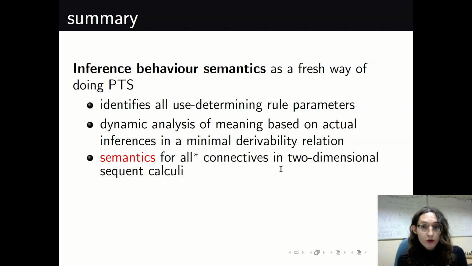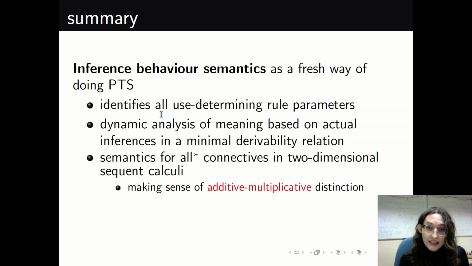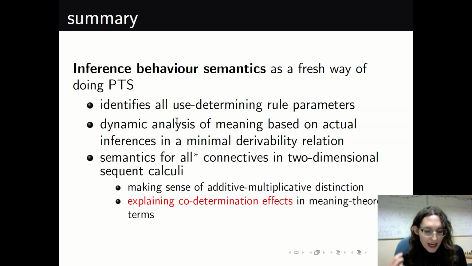And this way, we've been able to make sense. We've told a semantic story about the additive multiplicative distinction, and we provided a purely semantic explanation for the codetermination effects that Bogdan Dicher and others recently observed in the literature on logical pluralism.